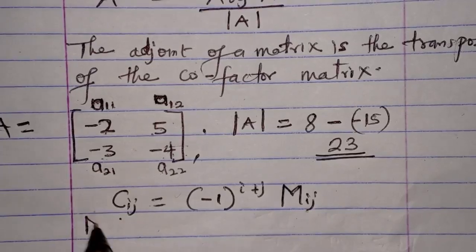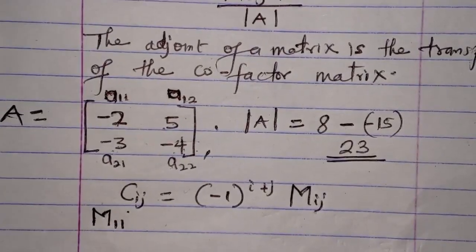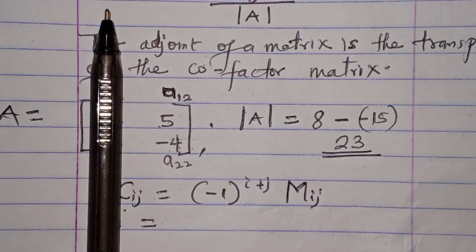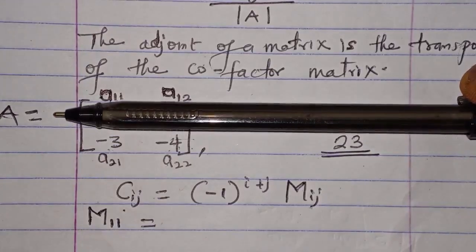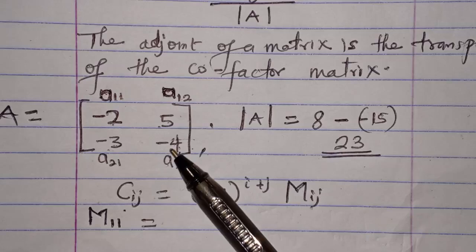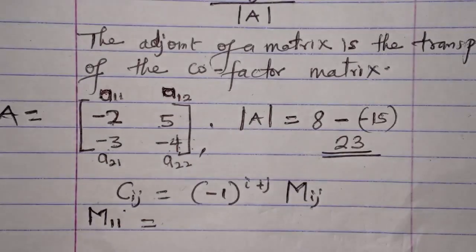Okay, let me determine the minor of minus 2. That's M11. It's very easy to get. I will eliminate this column of minus 2 and eliminate this row of minus 2. What will be left is just minus 4. So the minor of the element minus 2 is minus 4.